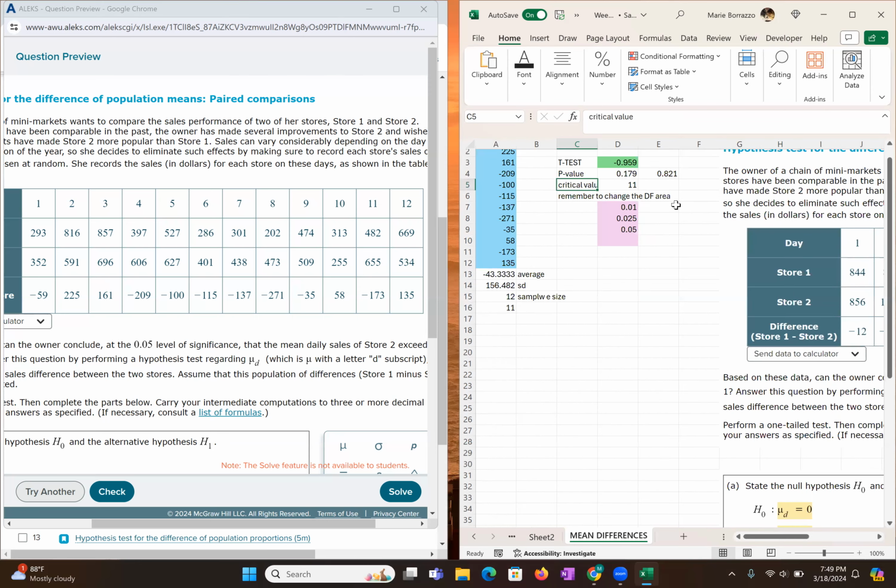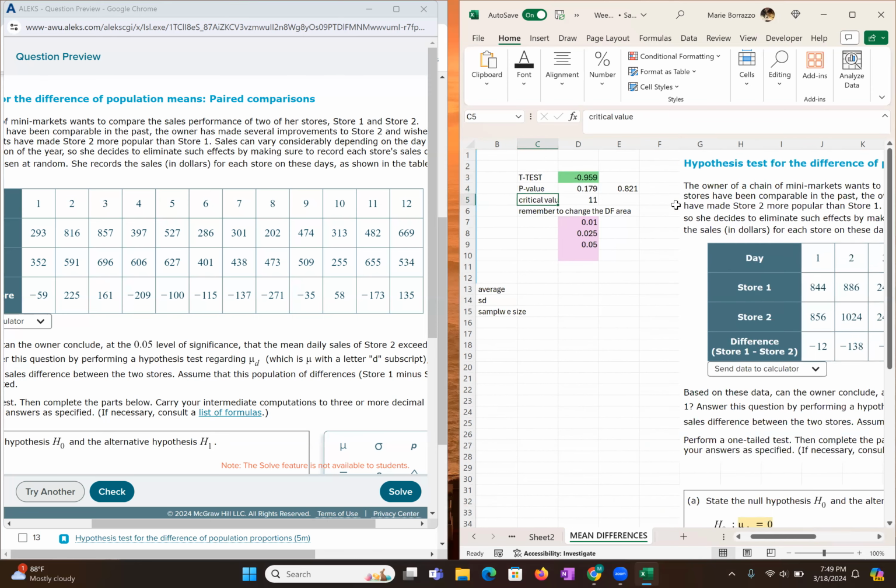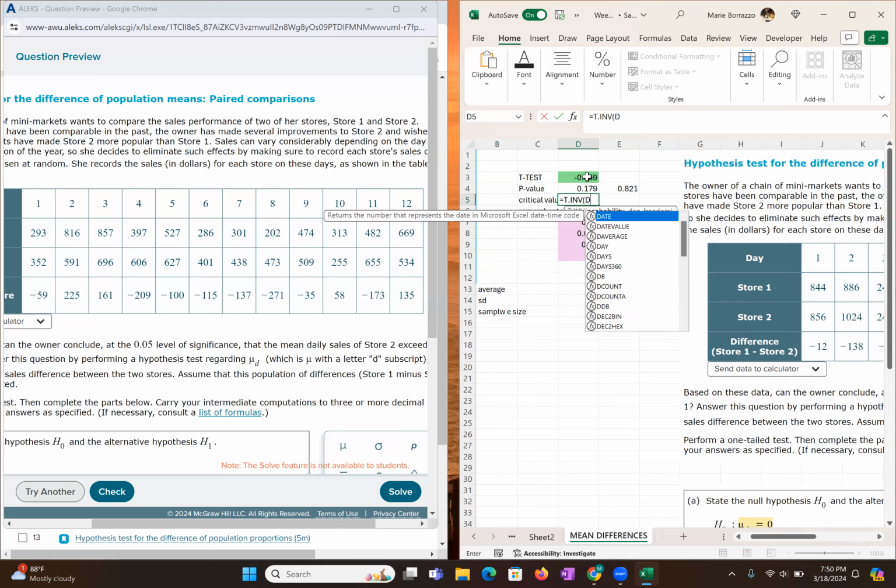So critical value 0.01, let's take a look. It is equal to T.INV. Okay, T.INV, I'm gonna put in the Z score. I'm sorry, no, I'm not gonna put in the Z score.